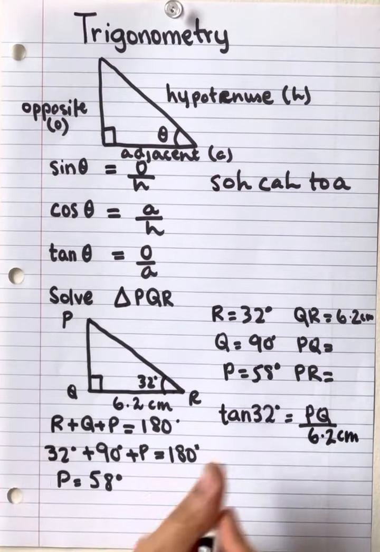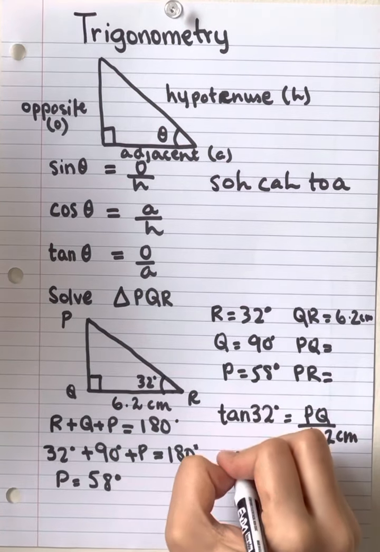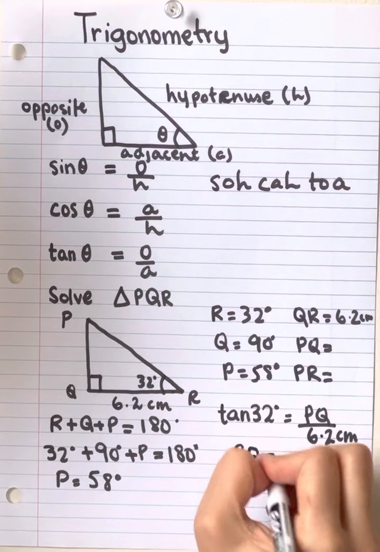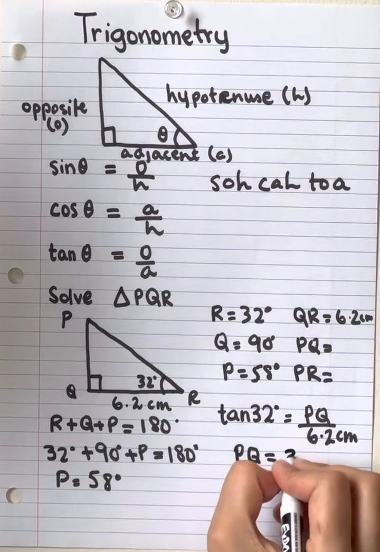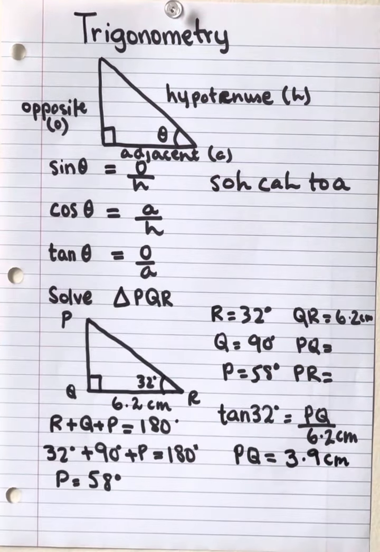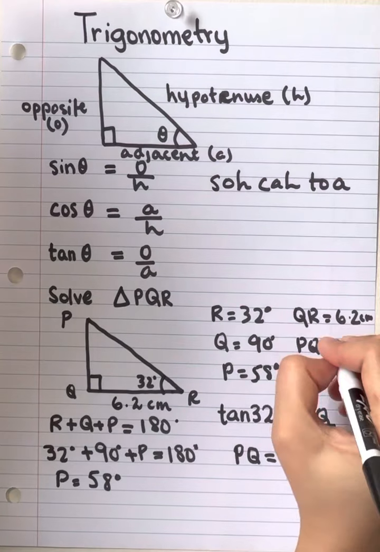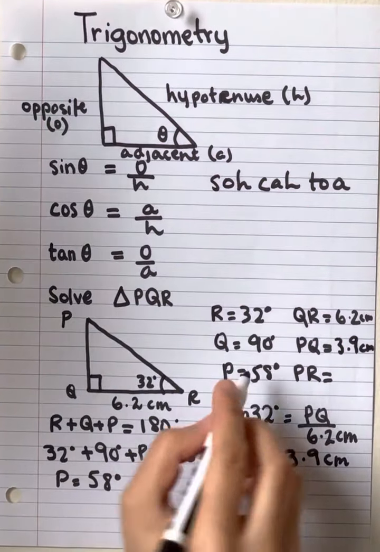Now we're going to multiply both sides by 6.2 centimeters, and we get PQ is equal to 3.9 centimeters. So we know it's 3.9 centimeters.